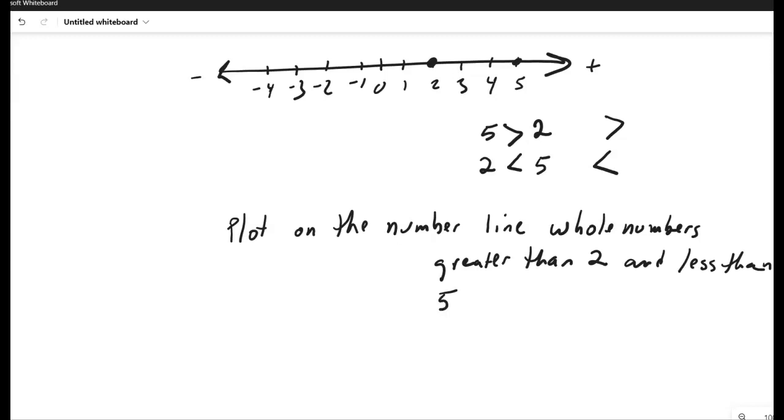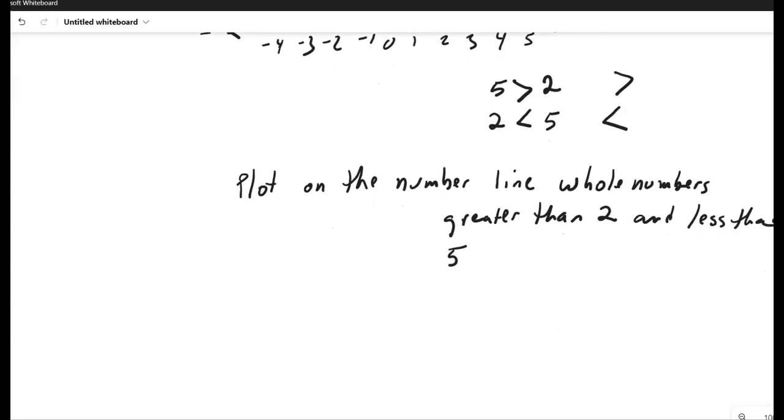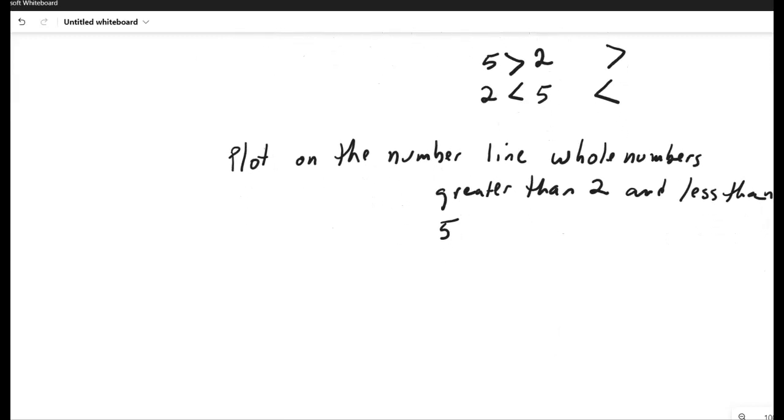Well, you have to be careful because they don't want you to plot the 2 or the 5. They just want us to plot the values on the number line that are greater than 2 and less than 5. So then we'd only be looking at 1, 2, 3, 4, 5. These values here, 2, 3, and 4.